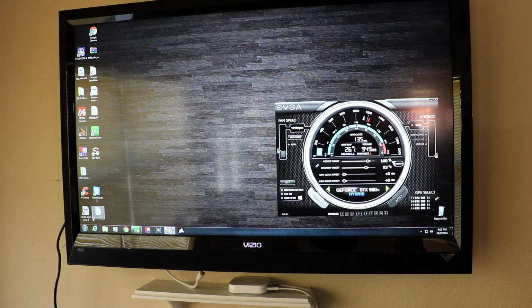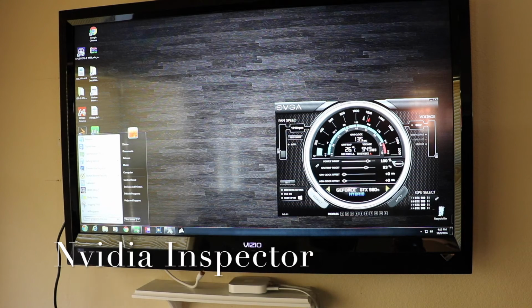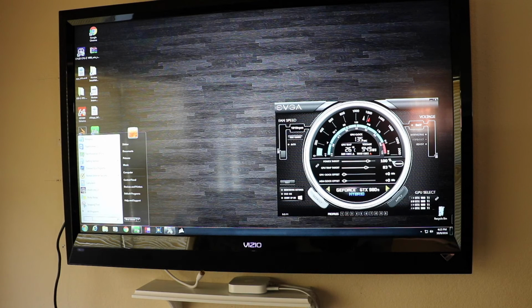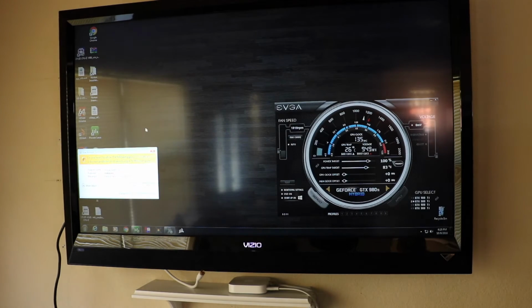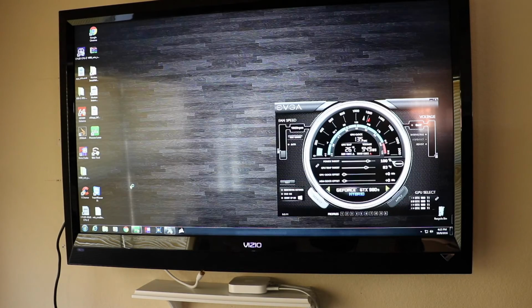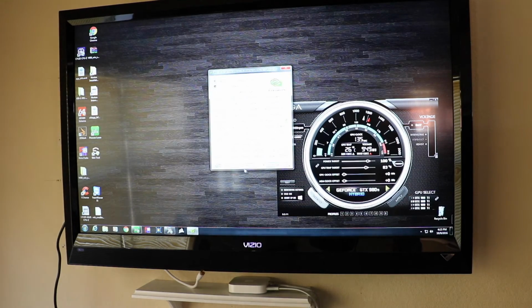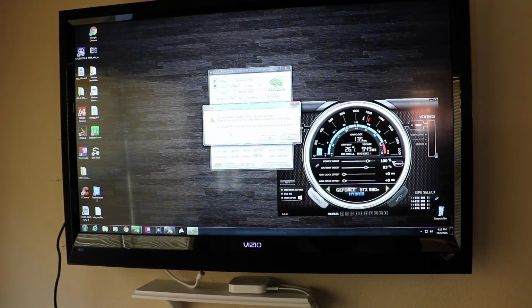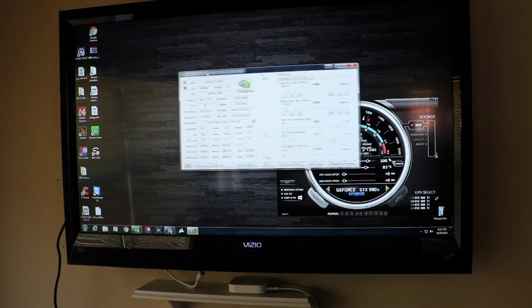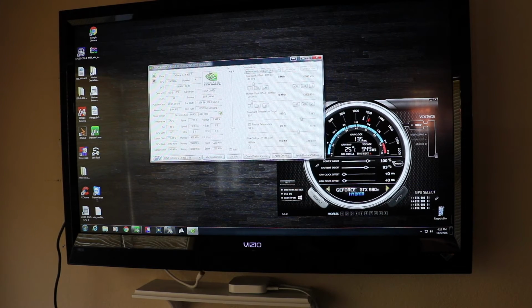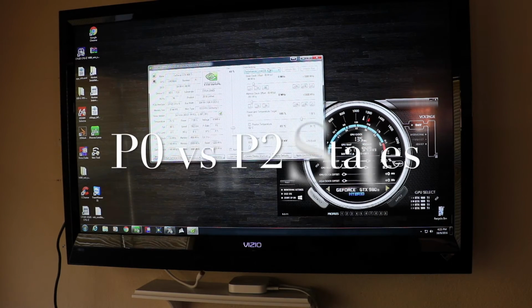And then I'm going to see if we have, I'm pretty sure we do have NVIDIA Inspector on here. Yep, there we go. Now, why do I want this? The reason we want this is because, when you're gaming, you're usually in a P0 state, which is fine.